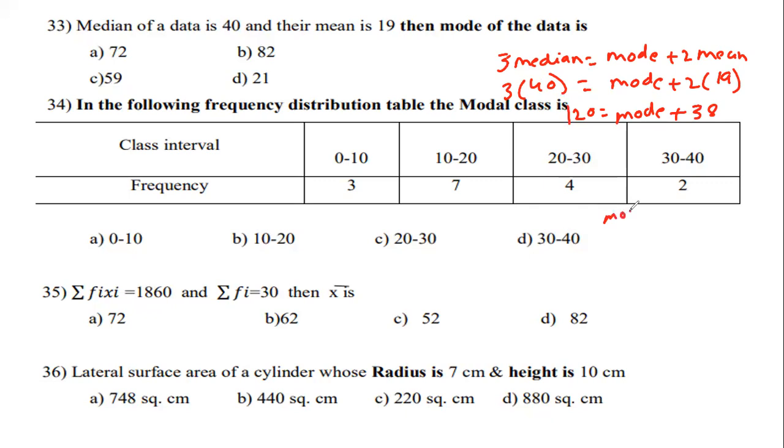So mode is equal to 120 minus 38, which is 82. So which option is right? Option B is correct.